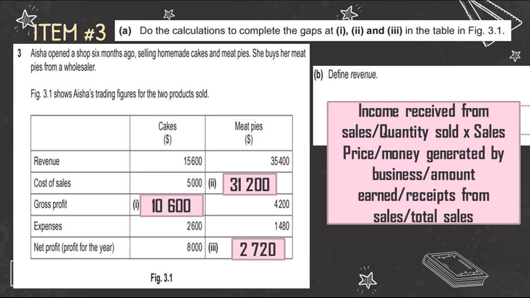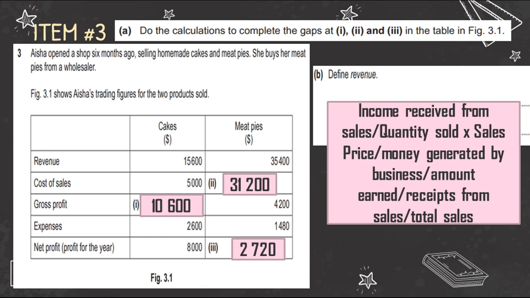Once you get the gross profit, then you have to deduct the expenses so that you can get the net profit. In this case, the net profit of the meat pies is much smaller than the net profit of the cakes.